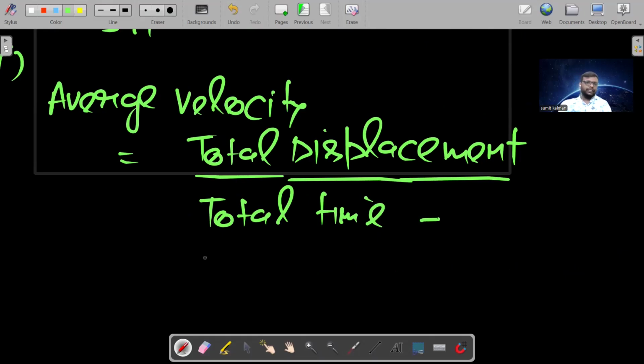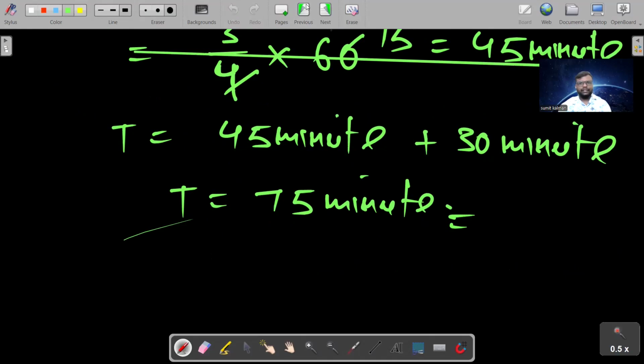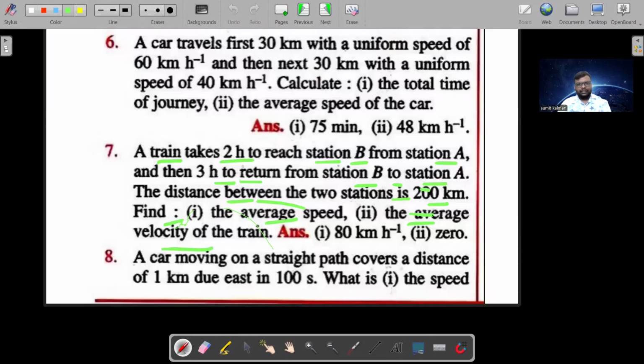But students, in this problem, if you see here, a train takes 2 hours to reach station B from station A. So here the train is reaching station B from station A, and also the train is returning from station B to station A. So here, students, the initial position and final position are the same.